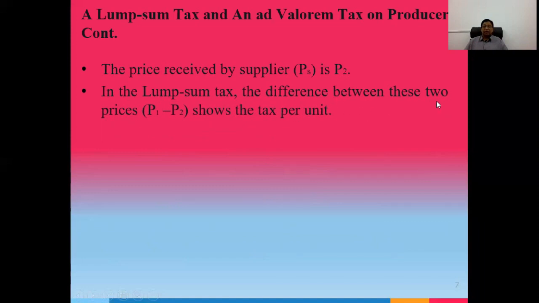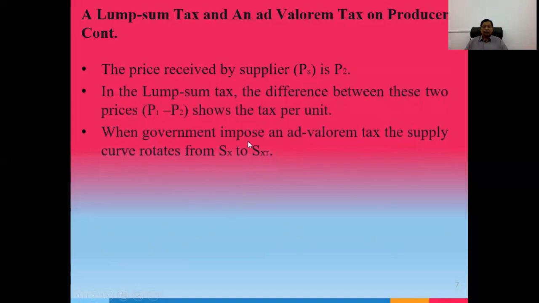The difference between these two prices, P1 minus P2, shows the tax per unit. The unit tax is given by the difference between the equilibrium price and the suppliers' price.